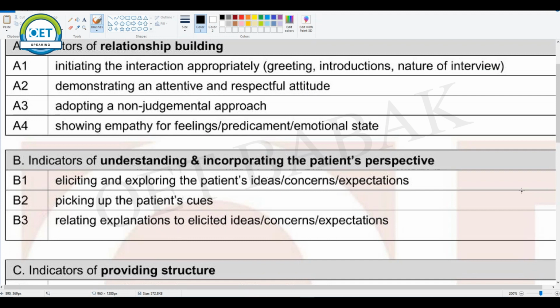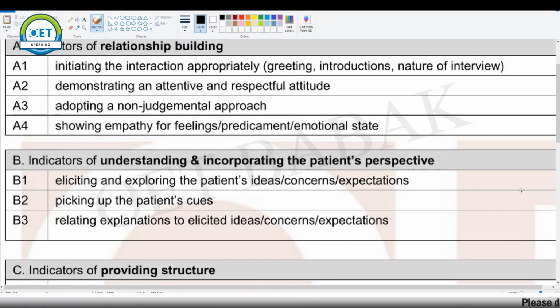And which means that the cue means that they have something in their mind. Okay? Or they have a concern, or they have an expectation. So basically, it's something the patient doesn't tell you directly, but you can actually pick up and understand: okay, because the patient says this, I can say that the patient is thinking about something else.